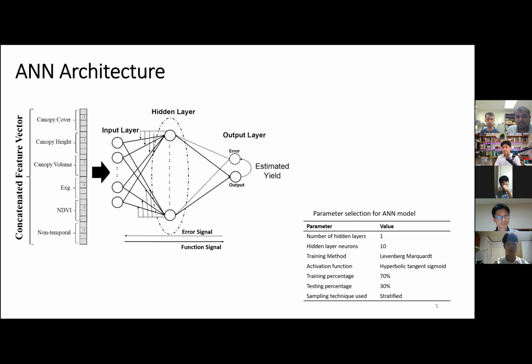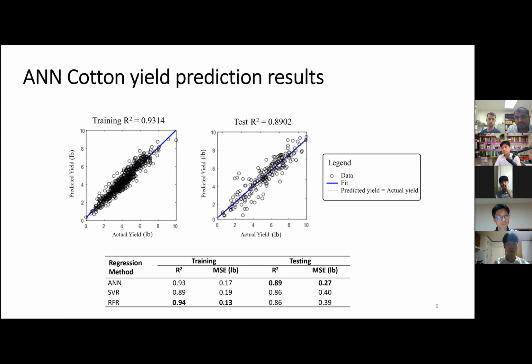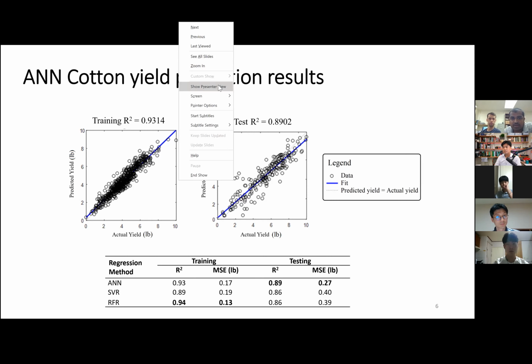In the next step, we feed the feature vector that we prepared to the artificial neural network architecture to predict the yield. Here are the training and test R-square results. The R-square is 0.89 for the test set and 0.93 for the training set.